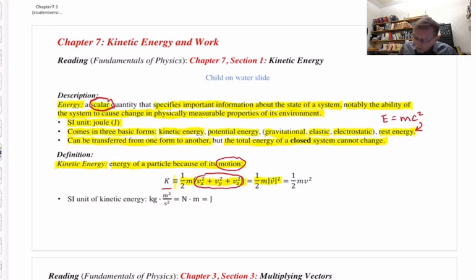Please note, though, that this notation means vx squared plus vy squared plus vz squared. That's what that means. We have to always remember the first way I've written it, because that's really what it means. And this second way I'm writing it is just shorthand, because we're a little bit lazy.